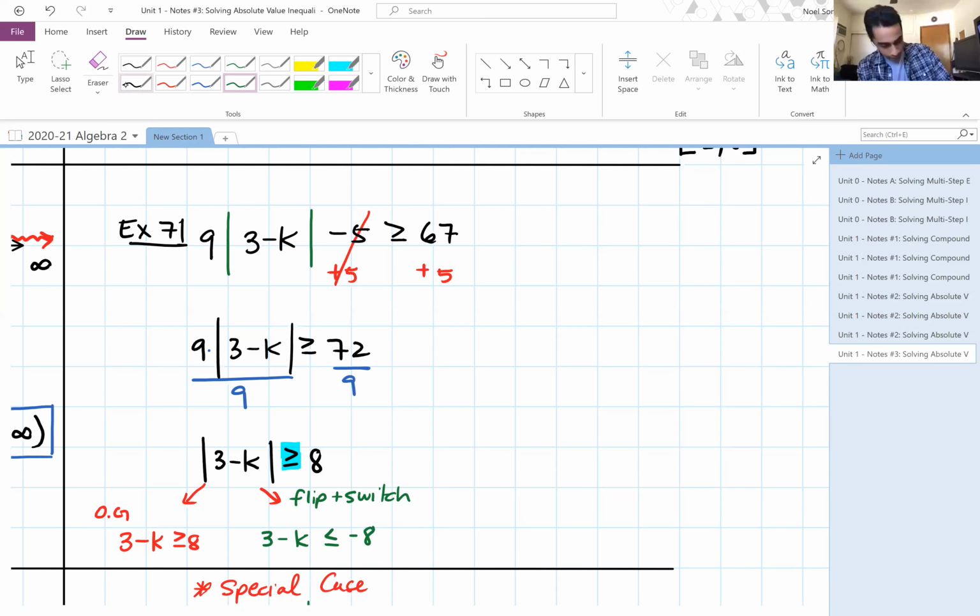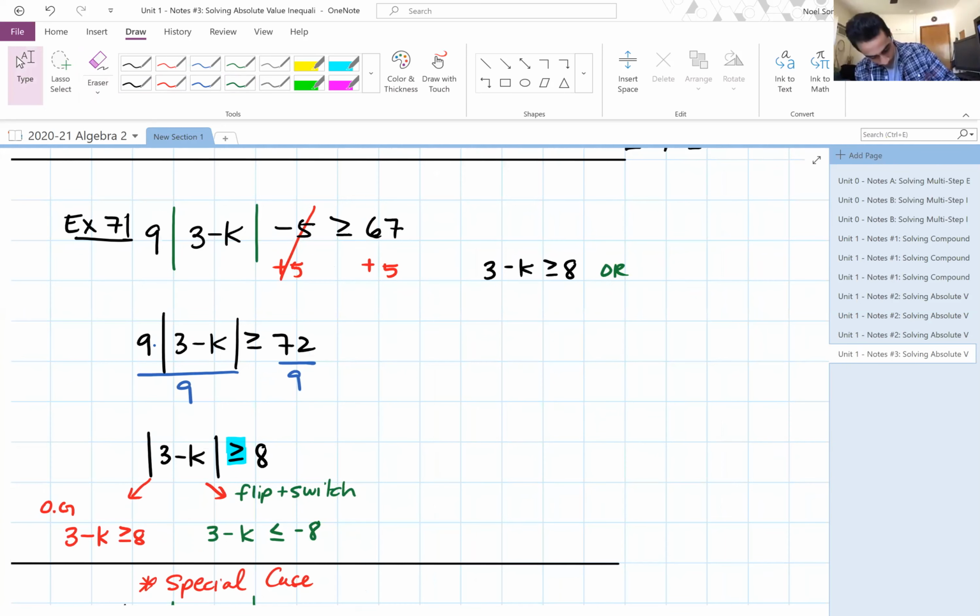All right. So I'm going to rewrite these over here. 3 minus k is greater than or equal to 8, or 3 minus k is less than or equal to negative 8.